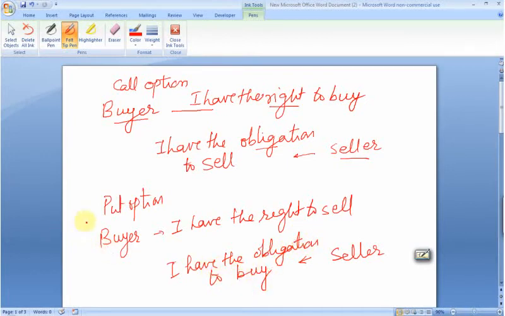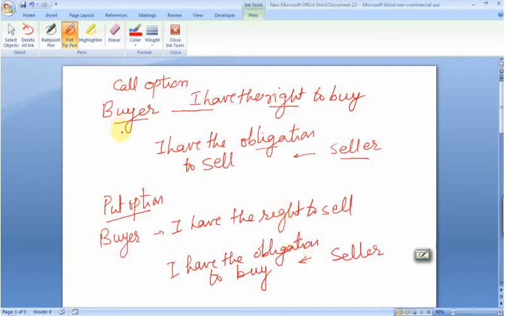So again, the buyer of a put option has a choice depending on whether the trade is profitable or not. He can decide to make the trade. He can exercise his option. But if he decides to exercise the option, the seller has no choice. He will be obliged to do that trade.